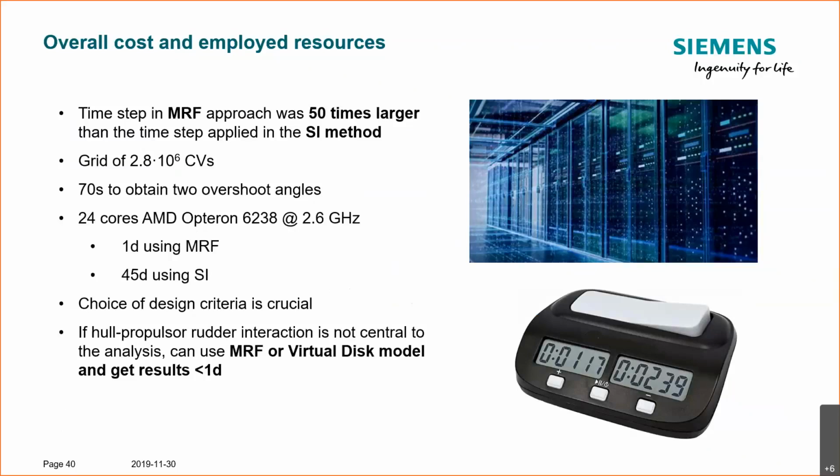Let's take the zigzag maneuver: it took 70 seconds to obtain two overshoot angles in this 20/20 zigzag maneuver. You can see here moderate HPC resources being employed. These 70 seconds took 1 day using the moving reference frames and 45 days using sliding interfaces.